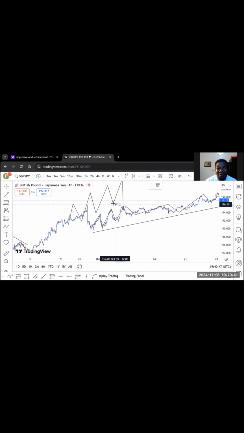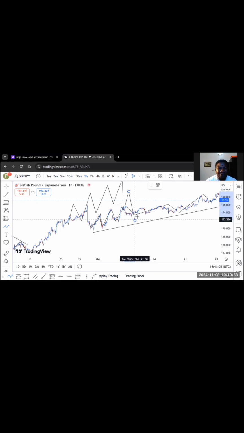So this breaking of this last higher low is a sign that the market trend has changed or is about to change from uptrend to downtrend. So you are going to see something like this, a little bit of pullback, then continuation to the downside, making what?